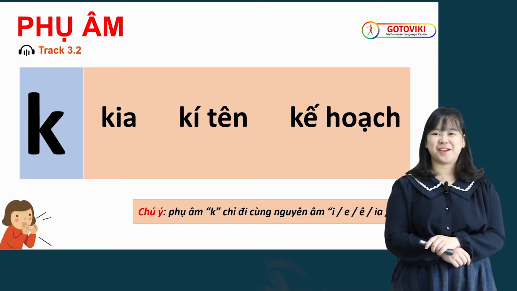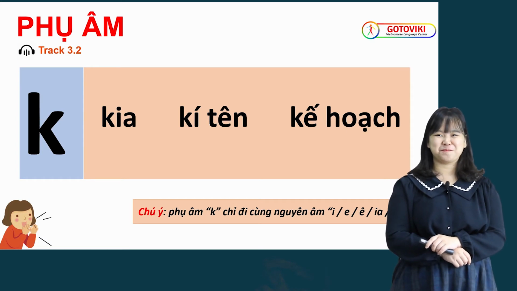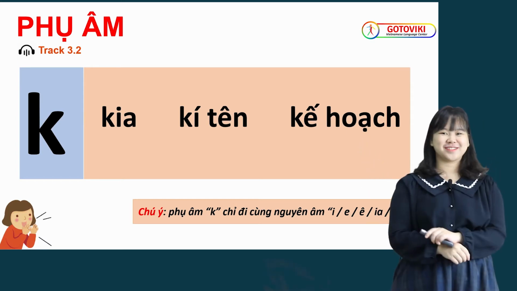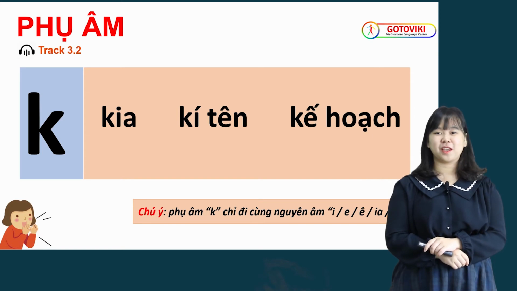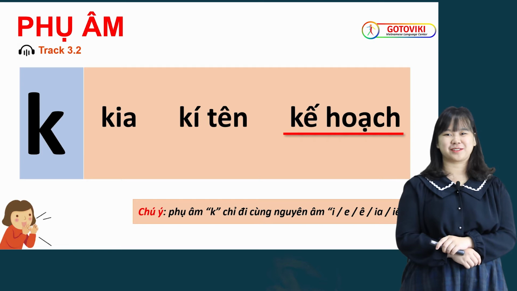Next one, the letter K, which is also pronounced as G in Vietnamese. Đọc theo mình nhé. G, G, G. For example, kia, ký tên, kế hoạch.